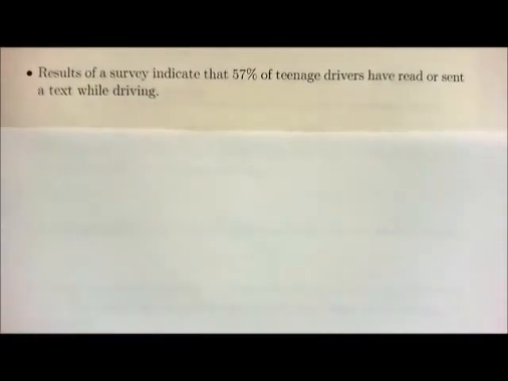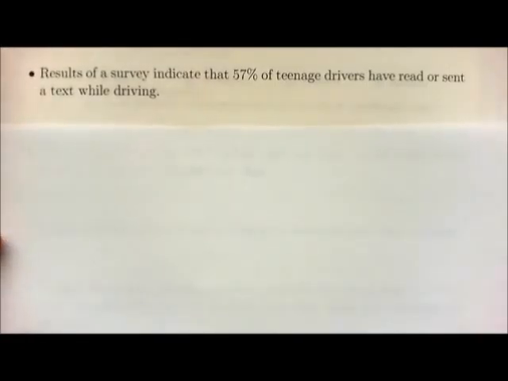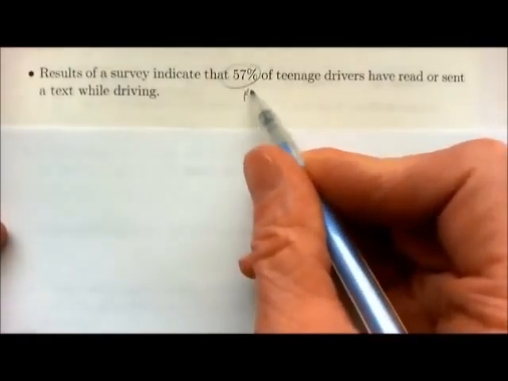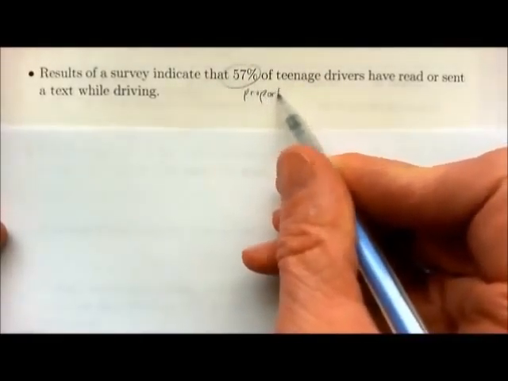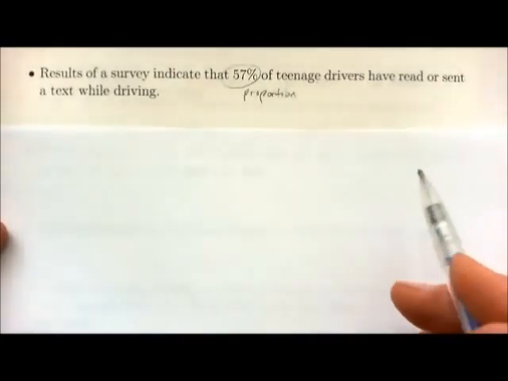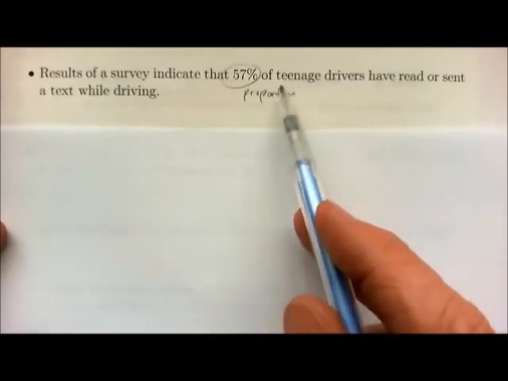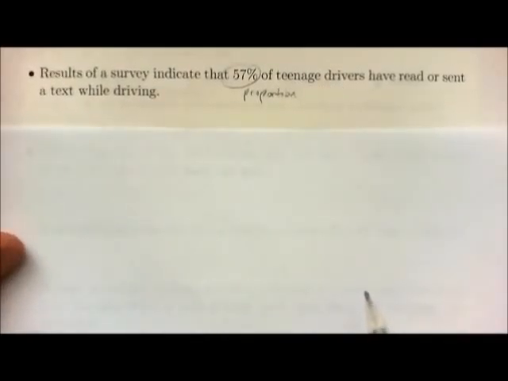The next one says results of a survey indicate that 57% of teenage drivers have read or sent a text while driving. You can see the 57% here is a proportion. So this is likely an estimate, and again, we wouldn't be able to get hold of all teenage drivers.